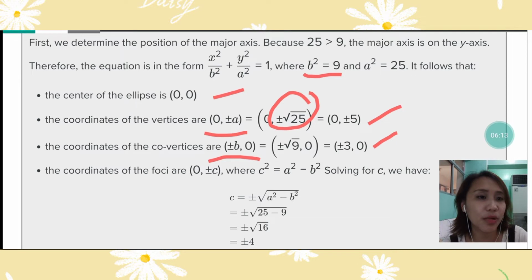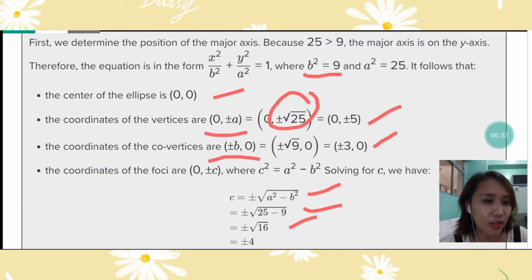Using the formula, c equals plus minus the square root of a squared minus b squared. We know that a squared is 25 and b squared is 9. Subtracting, that is 16, and extracting the square root, that is plus minus 4.